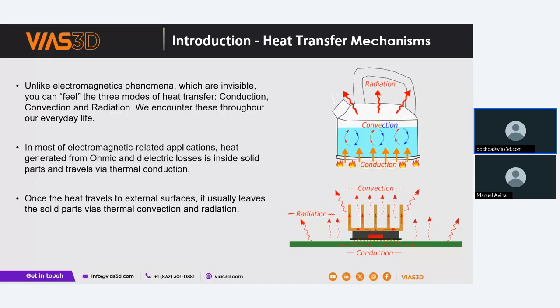In most electronics, which is the topic of today, the heat will start mostly as conduction. It happens in the solid materials due to ohmic or dielectric losses. Then that heat exits our structure either through convection to the surrounding air or through radiation at the surfaces.